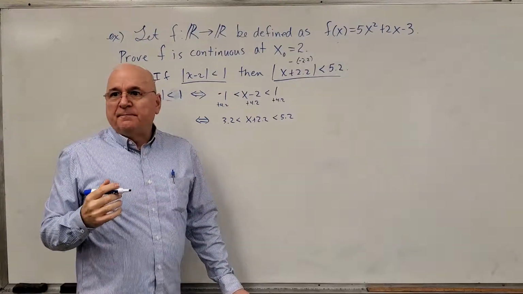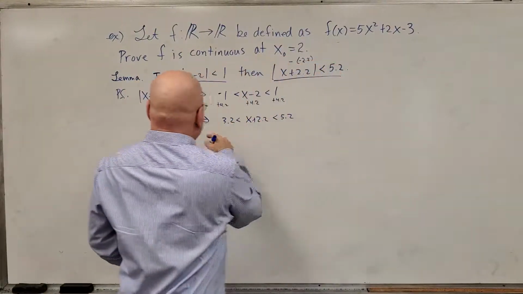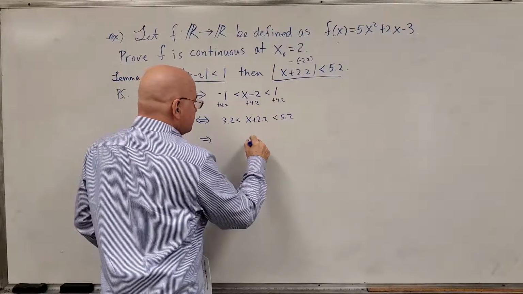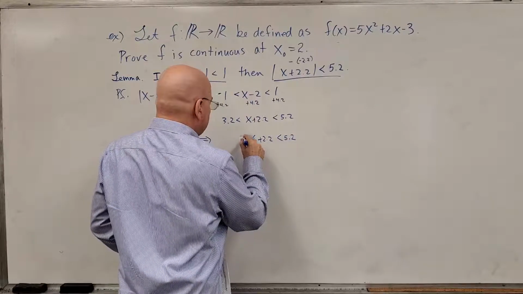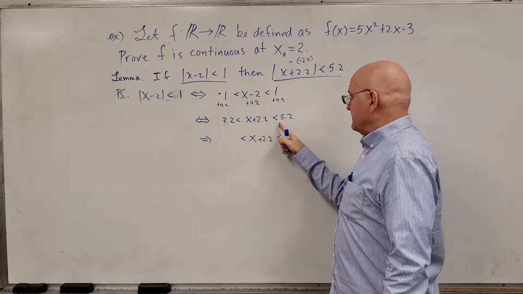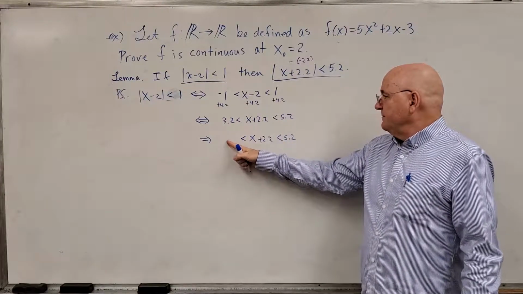Any questions so far? Well, the next thing I'm going to do is not going to be an if and only if, but if x plus 2.2 is between these two numbers, then what do you think I'm going to put over here?